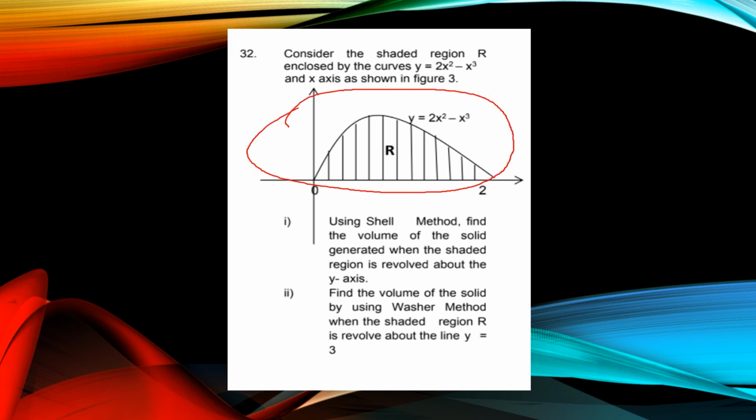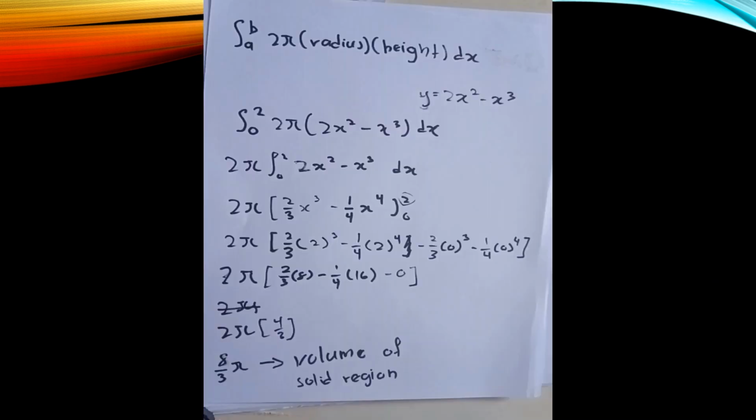Roman 1, using the shell method, find the volume of the solid generated when the shaded region is revolved about the y-axis. The shell method formula is the integral from a to b of 2 pi multiplied by radius and height dx.